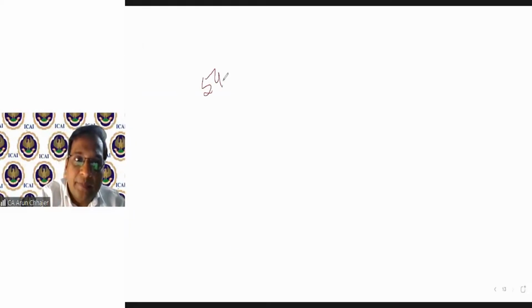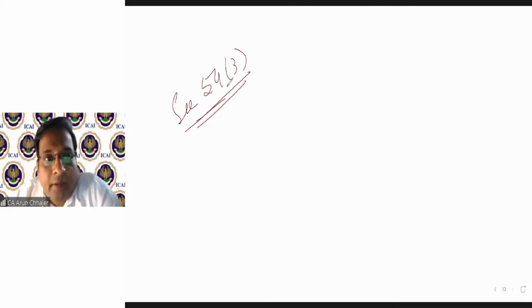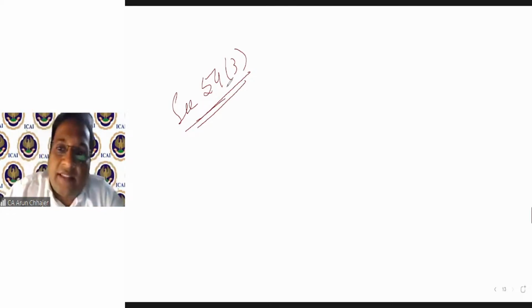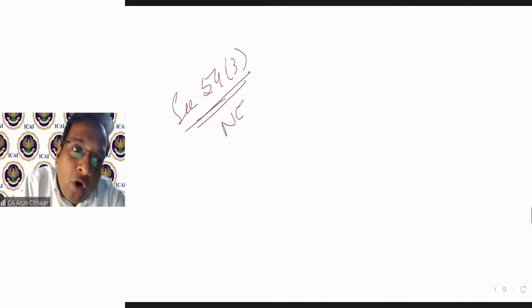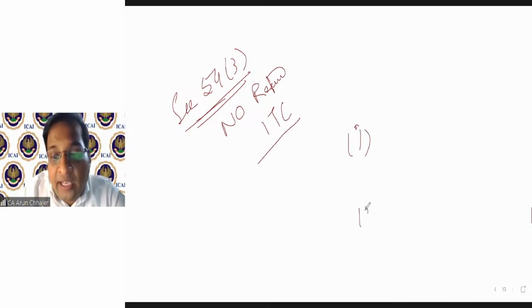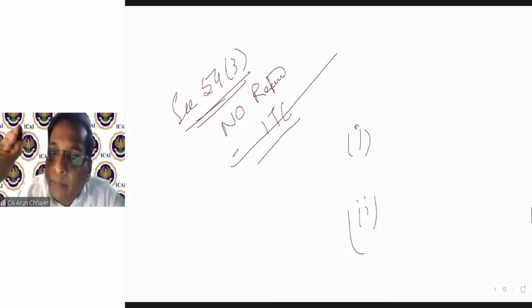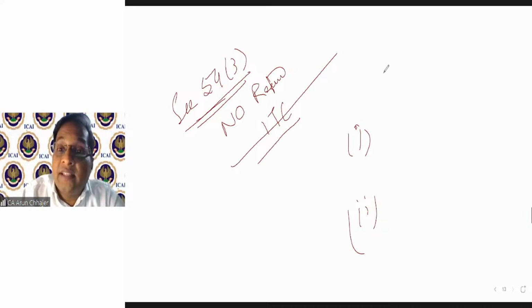Section 54 subsection 3 says that I will not give the refund of any input tax credit except in two situations, clause 1 and clause 2. Then the proviso says that yes, it is allowed only in two clauses.